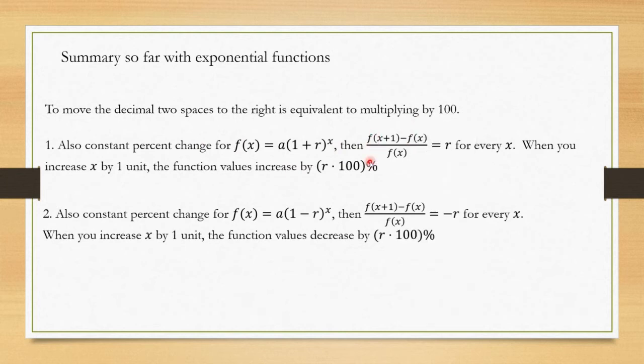And this is saying, when you increase x by 1 unit, the corresponding function values will increase by r times 100%. Here r is a decimal, so you have to convert it to a percent. So in this case, the function is increasing at a constant percent rate, whereas here the function values are decreasing at a constant percent rate.